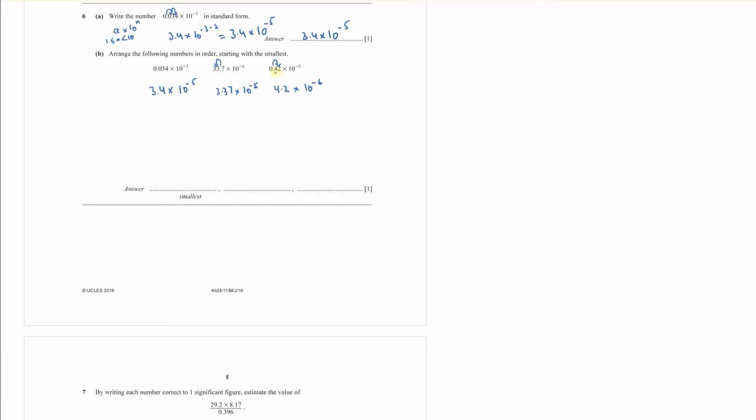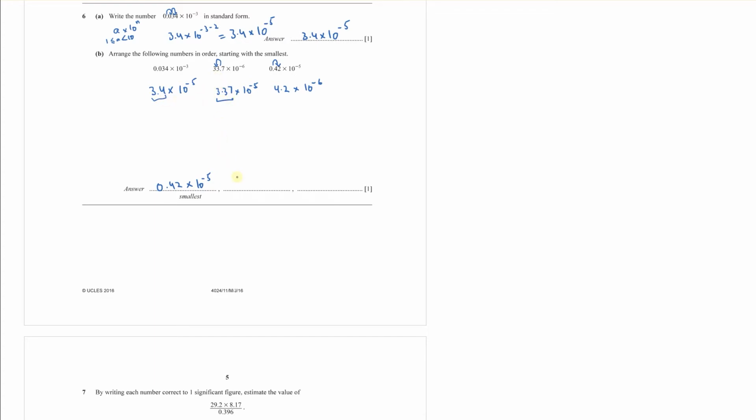So I'll write the original number given in the question. 0.42 into 10 to the power minus 5 is the smallest number. The next one, since these two have the same power of 10, we have to compare this number here with this. So 3.37 is smaller than 3.4.